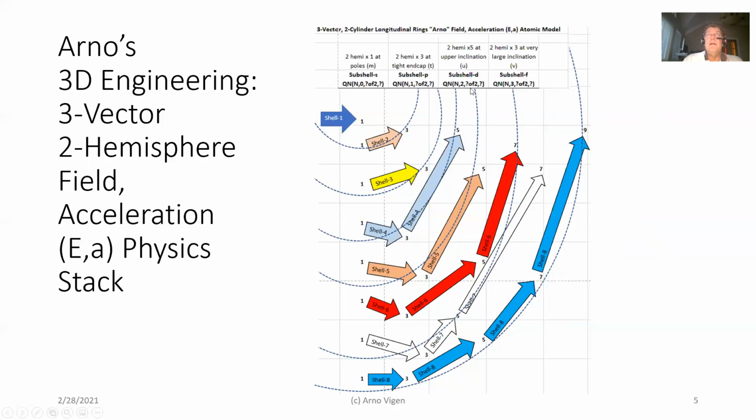You can see this is one hemisphere, and there is another hemisphere up off the top of the page. And so instead of it being 2, 6, 10, 14, it's 1, 3, 5, and 7 in each subshell. Now, the reason for that is because of these two hemispheres by the tightest packing.